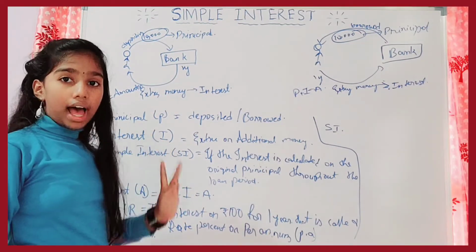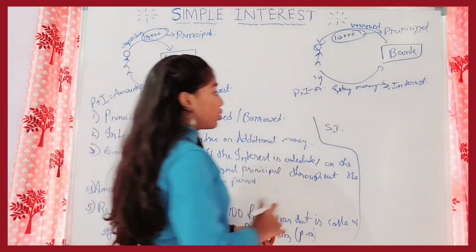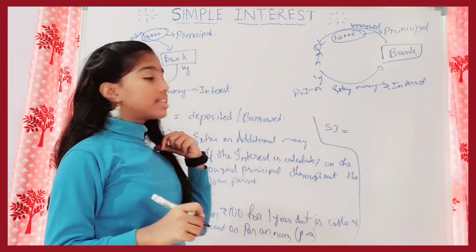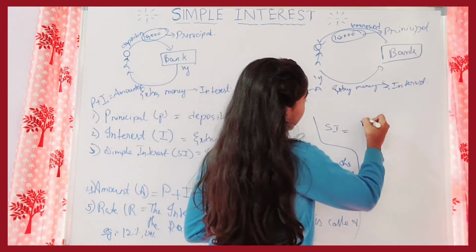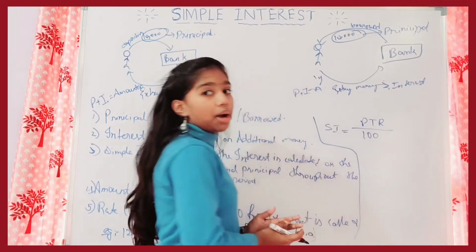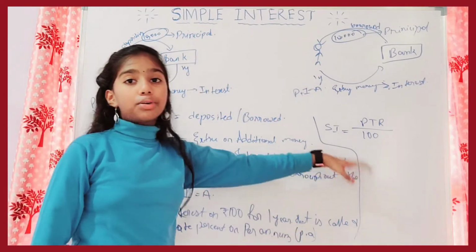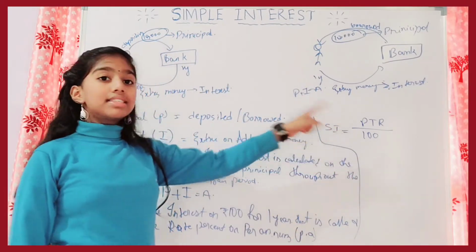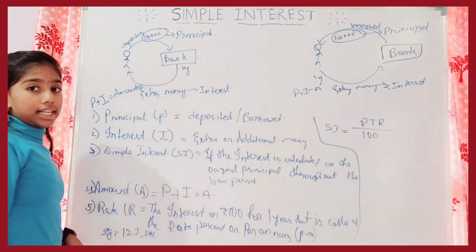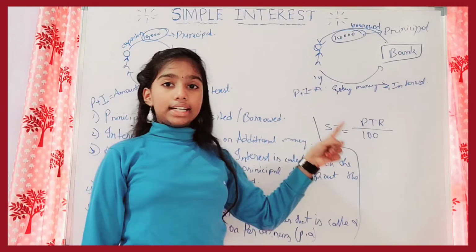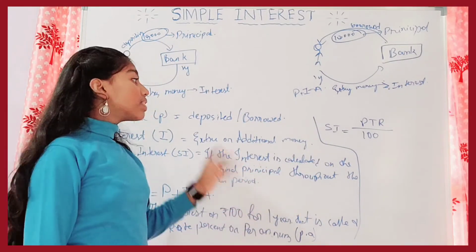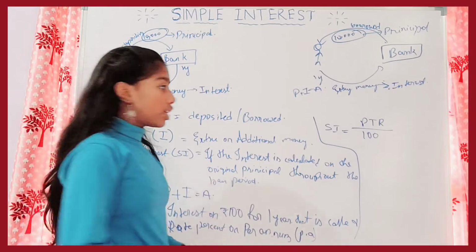SI is equals to PTR by 100, that means P into T into R by 100. P means principal, T means time, R means rate. P into T into R by 100 is the formula for finding the simple interest.